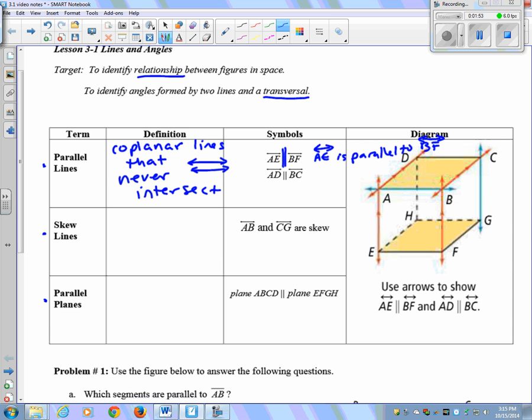Okay, skew lines. Skew lines are non-coplanar lines that never intersect. So now we're talking about two lines on different planes. They cannot be contained by the same plane, and they never intersect.